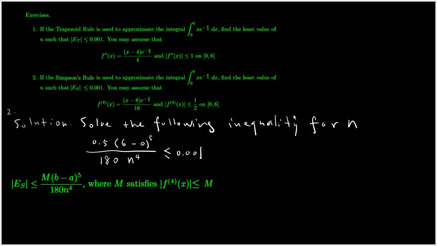This inequality is equivalent to 0.5 times 6 to the power of 5 over 180 times 0.001 less than or equal to n to the power of 4.